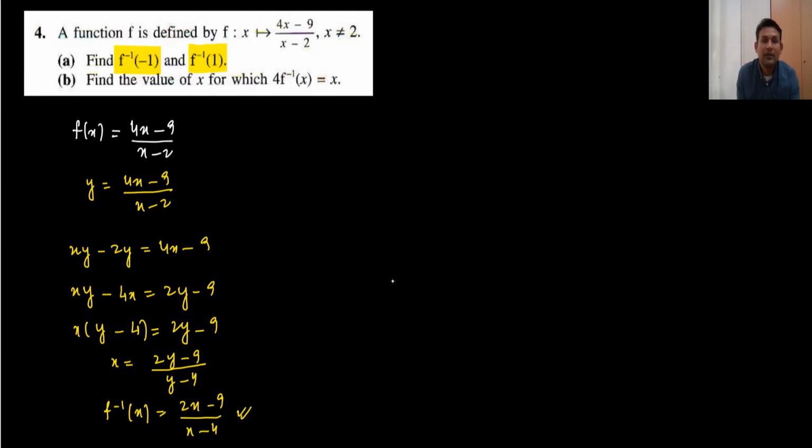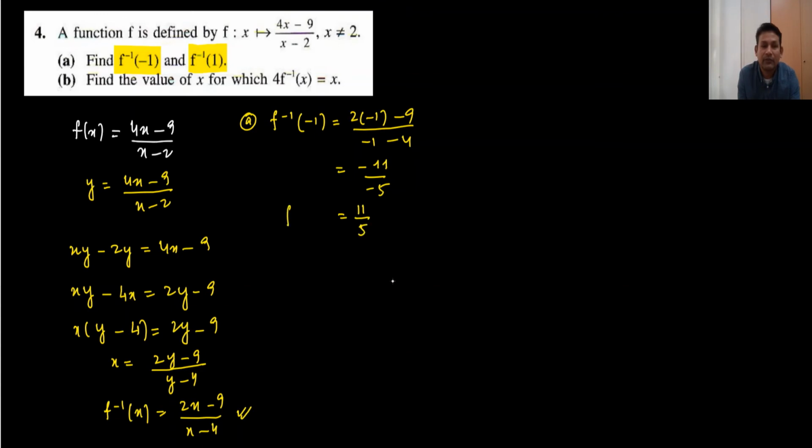Now, what we need to find in part a is f inverse of minus 1. When I substitute minus 1 in this equation, 2 times minus 1 minus 9, over minus 1 minus 4. So finally, it will be minus 2 and minus 9 is minus 11, over minus 5. So it's coming 11 upon 5.